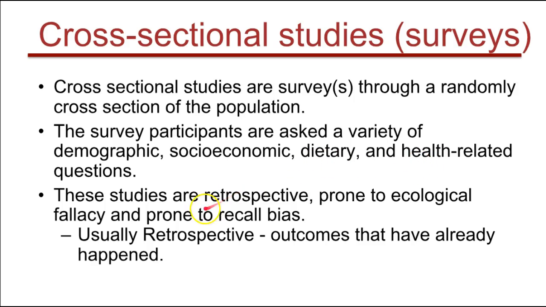Typically, these studies are retrospective in the sense that you're looking back at the diseases and health-related problems that have occurred through time. Because of this, they're prone to what's called ecological fallacy, and they're also prone to recall bias.